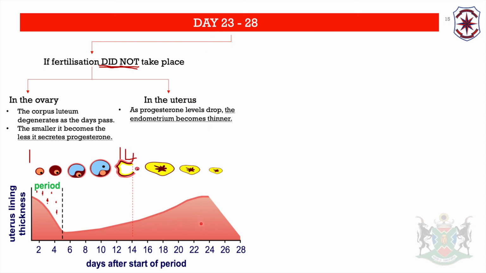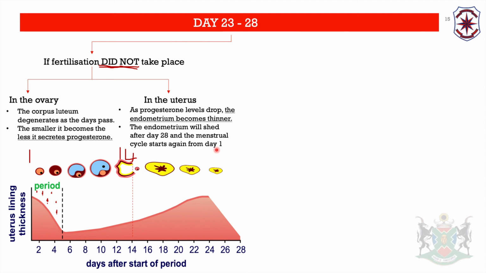After day 23, when you see the corpus luteum degenerating, it means fertilization did not take place. After day 23, when you see the endometrium becoming thinner, you must know that fertilization did not take place. So the endometrium will shed after day 28, and the menstrual cycle starts again from day 1.